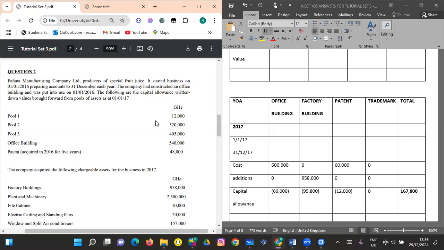So if you want to get the cost, remember building is in pool four, and it attracts a 10% capital allowance.